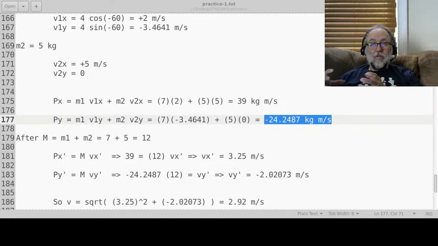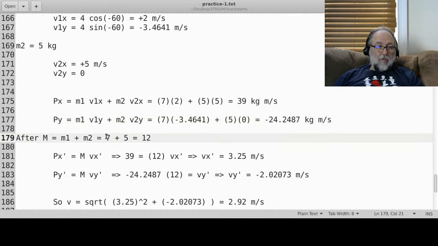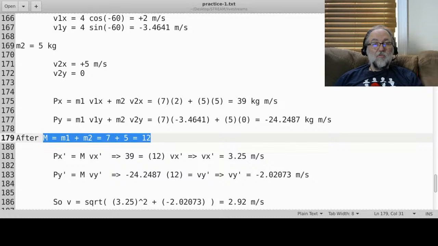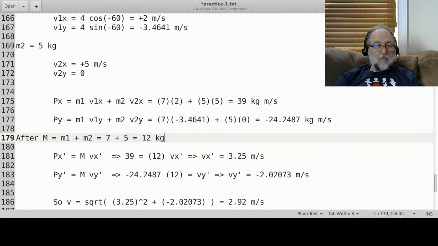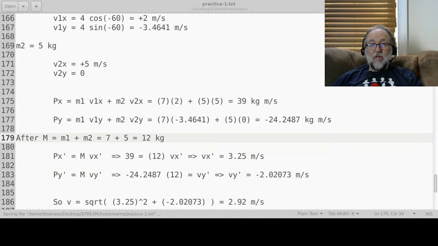Now what happens? In this problem, the two masses come together and stick. So afterwards we have only one mass. What is that mass? Mass is conserved, so if you have a 7 kilogram mass and a 5 kilogram mass, together you get a combined mass of 12 kilograms. So the combined mass after the collision is 12 kilograms.